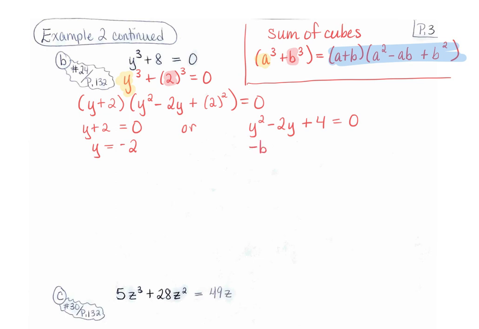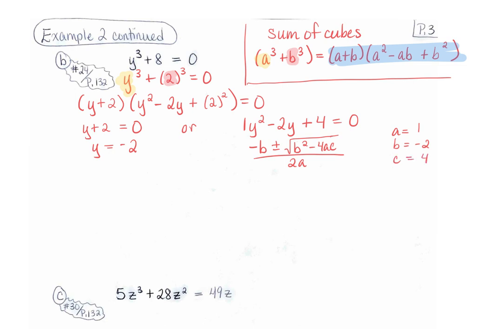Remember, the quadratic formula is negative b plus or minus the square root of b squared minus 4ac all over 2a. And for us, the coefficient of y squared here is an understood 1. So we know that a is equal to 1, b is equal to negative 2, and c is equal to 4.